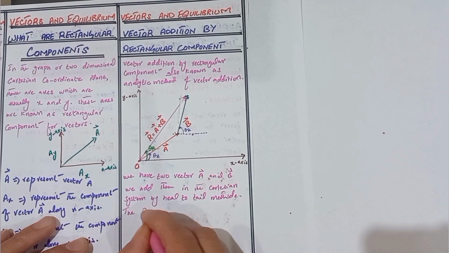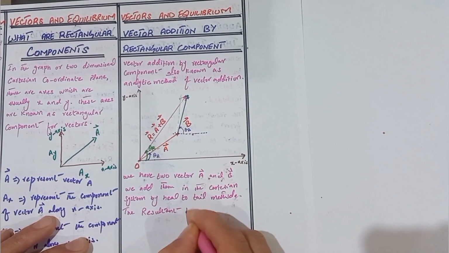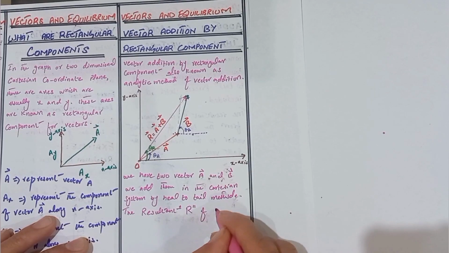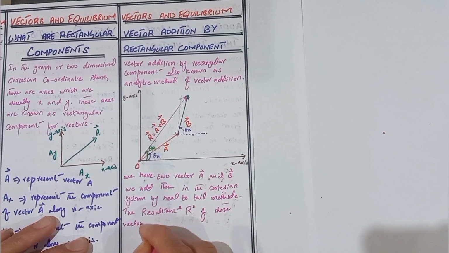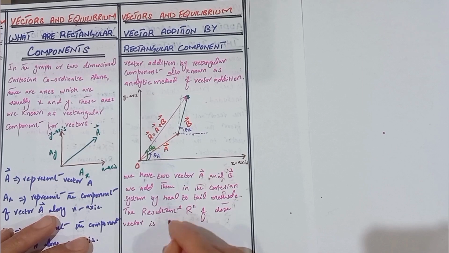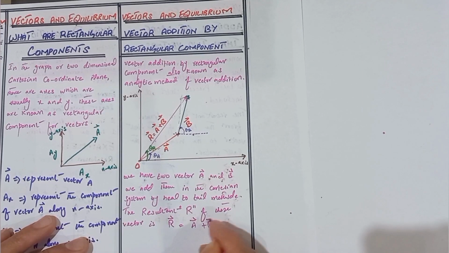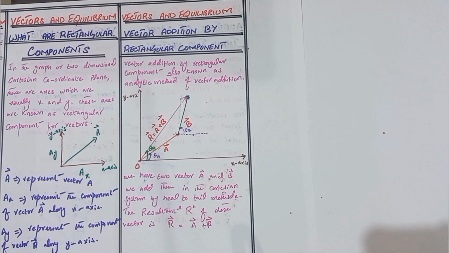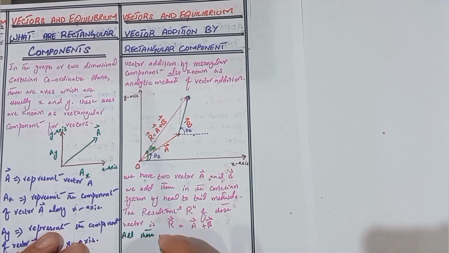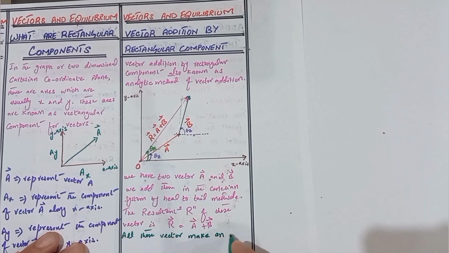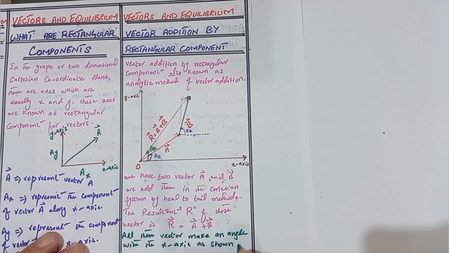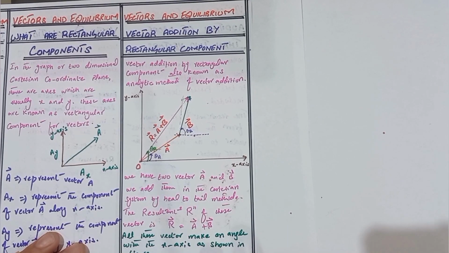The resultant R of these vectors is R = A + B. All these vectors make an angle with the x-axis as shown in the figure.